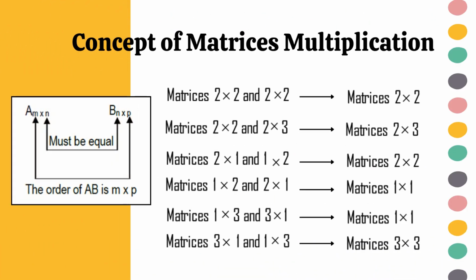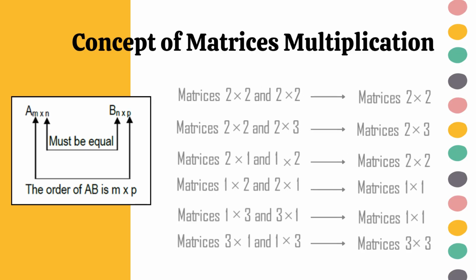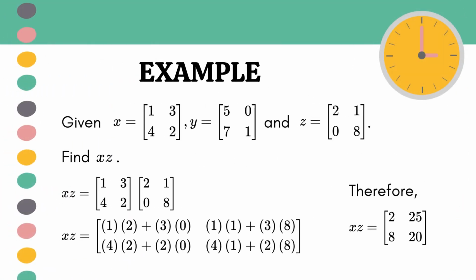The diagram illustrates the concept of matrix multiplication. A row from the first matrix is multiplied with a column from the second matrix to produce a single element in the resulting new matrix. Here is an example to show how matrix multiplication works.